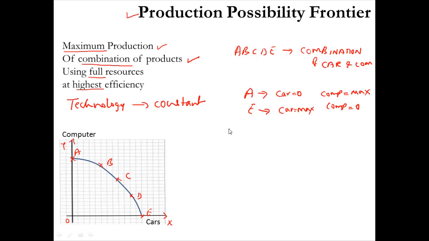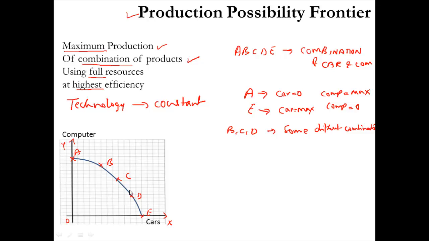All the points in between, B, C, D, are some different combinations of both car and computers. So each combination represents full efficiency, full employment of resources, maximum production, and absolutely no underutilization of resources.